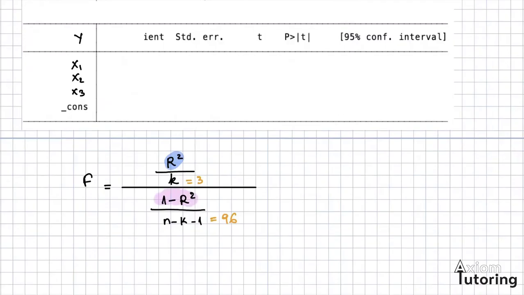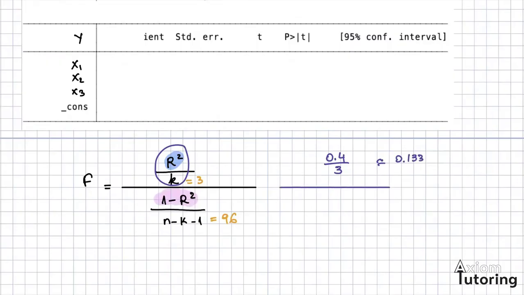If we look at denominator and numerator separately, we can easily compute in here that the R-squared divided by k is 0.4 divided by 3, which is approximately 0.133.